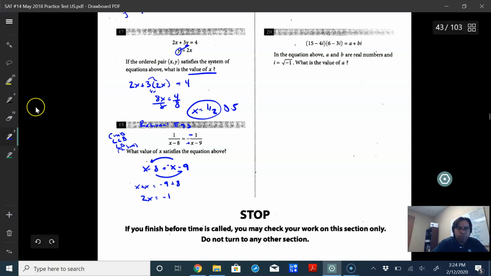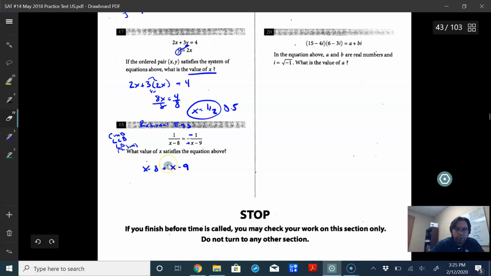I was getting a negative for an answer choice, which tells me clearly I was doing something wrong. So let's delete all this real quick. Sometimes this does happen, and I made the mistake of assigning the negative to the denominator when it should have been assigned to the numerator.